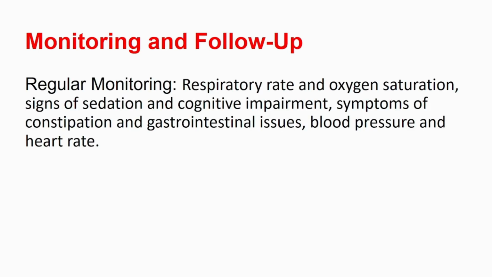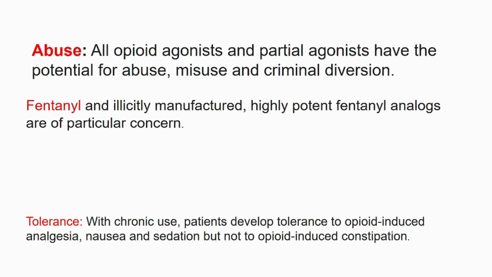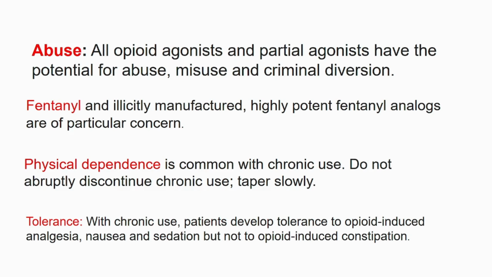So also regular monitoring for respiratory rate, oxygen saturation, signs of sedation, cognitive impairment, constipation, blood pressure, heart rate. Those should be regularly monitored for patients who are taking chronic opiate therapies. And then also known for abuse potential, all opiates, agonists and partial agonists have a potential for abuse and also diversion, criminal diversion.